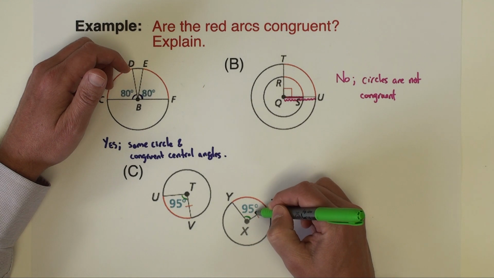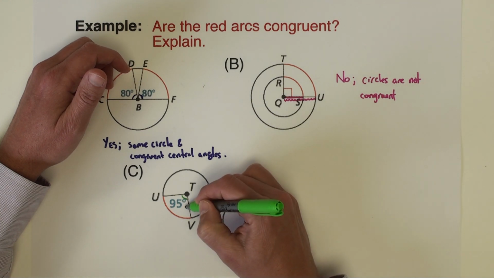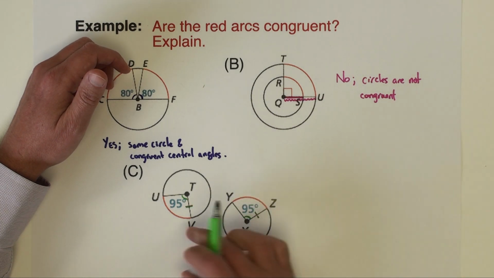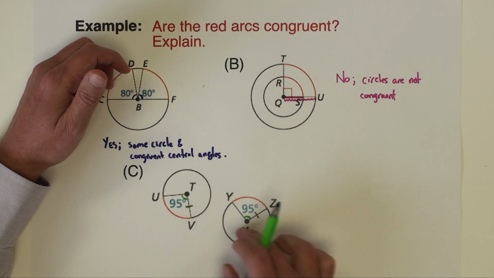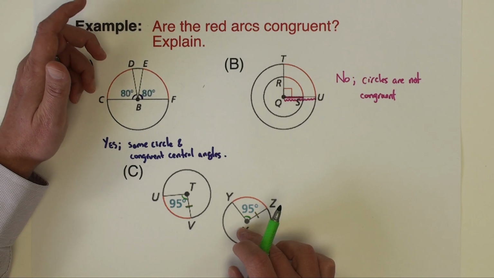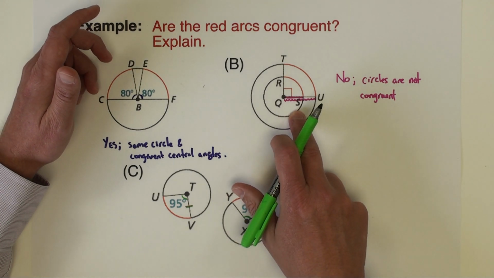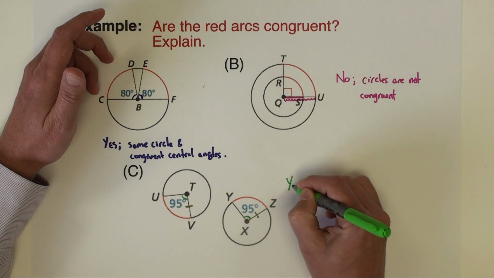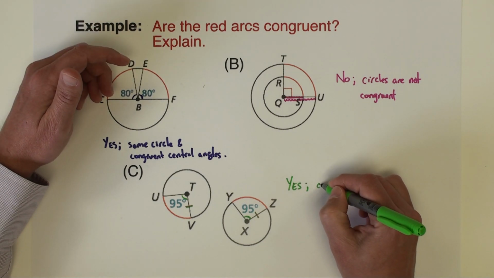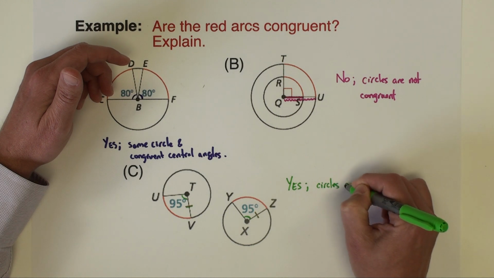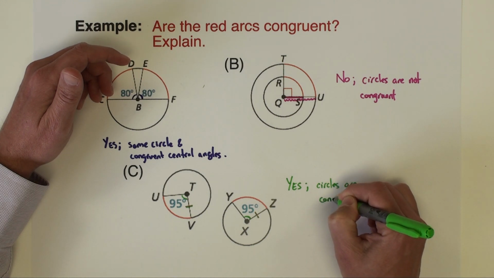Notice that this tick mark here and this one indicate that these radii are the same. Because the radii are the same, that means these two circles are the same size, which is the stipulation we didn't meet up here. So are these two arcs congruent? The answer is yes. They are congruent because the circles are congruent.